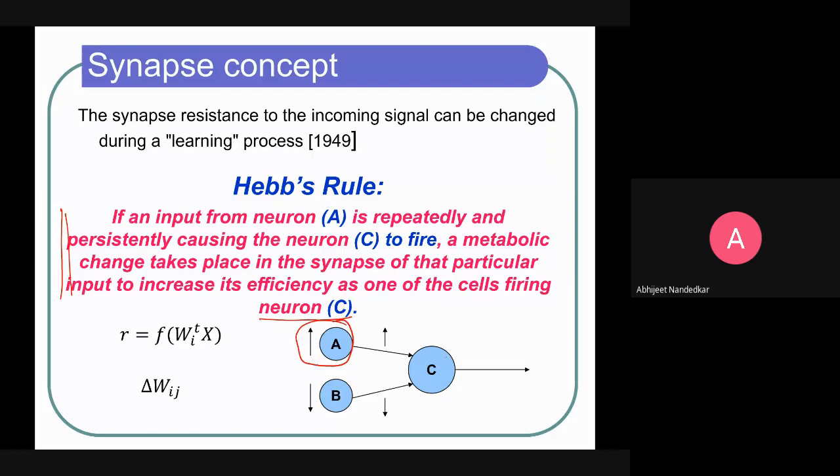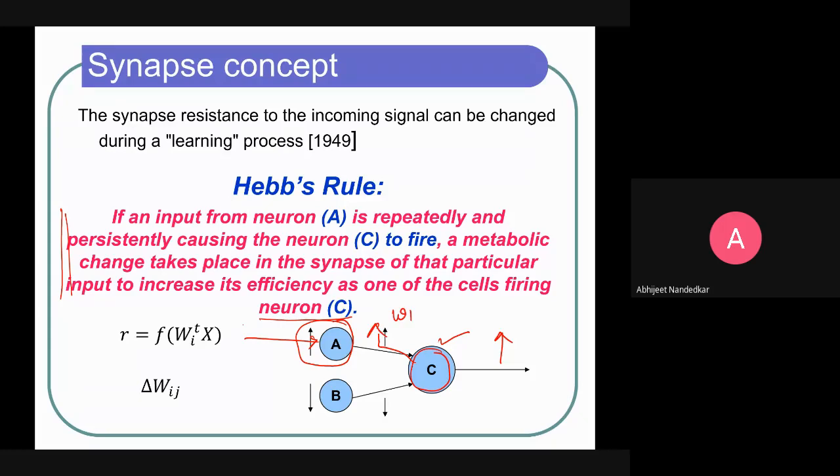So what it means, suppose this is the input node of this neuron, say A, and this is neuron C. So there is some input which is coming from the previous neuron, and this input is helping this C to fire. If this is the case, then C will increase the weight here.